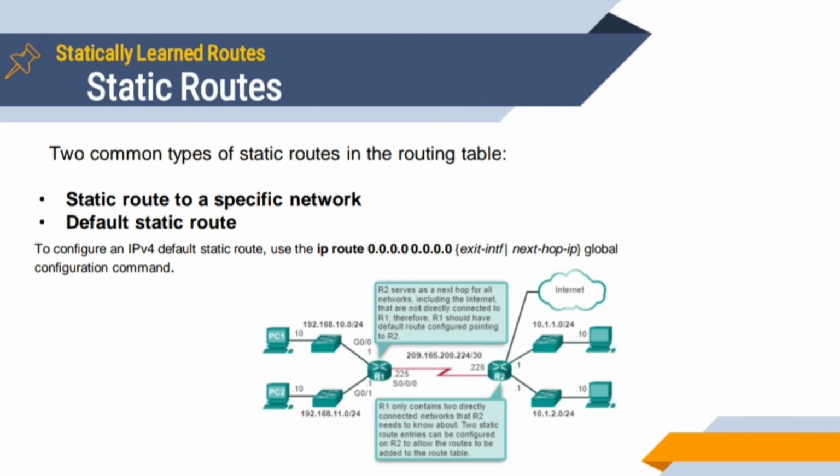Next, there are two common types of static routes in the routing table. First is the static route to a specific network. Second is the default static route. A static route can be configured to reach a specific remote network. IPv4 static routes are configured using the ip route global configuration command, and identified in the routing table with the code S. The default static route is similar to a default gateway on a host.